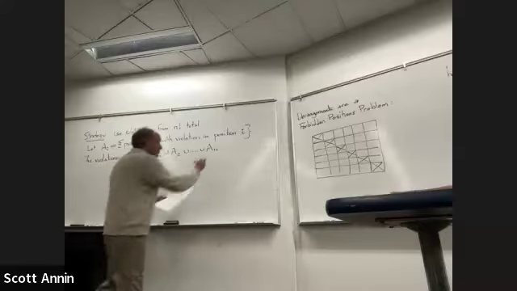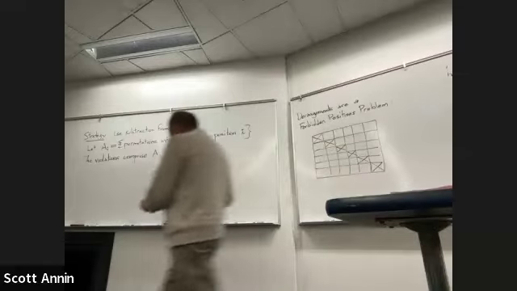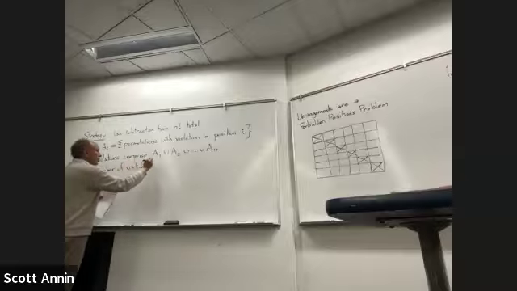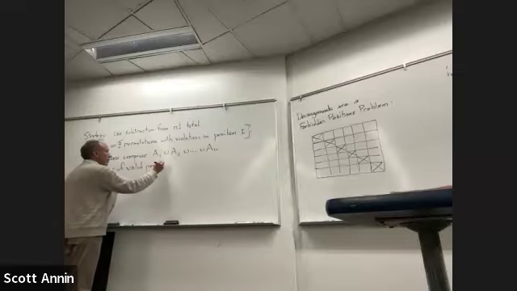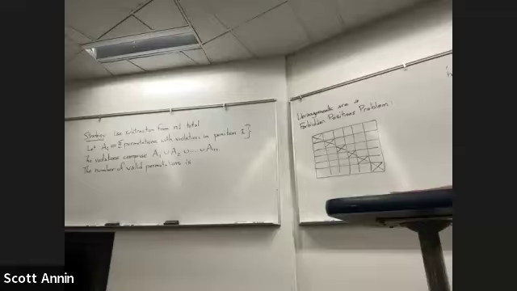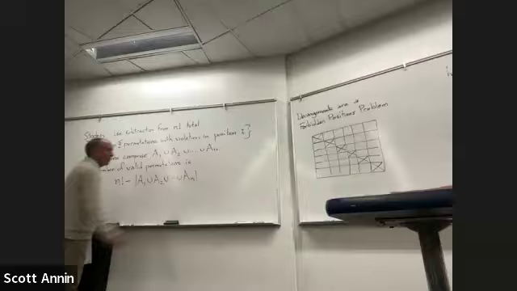And so the number of valid permutations is simply going to be n factorial minus the size of this union. That's what we have to think about.